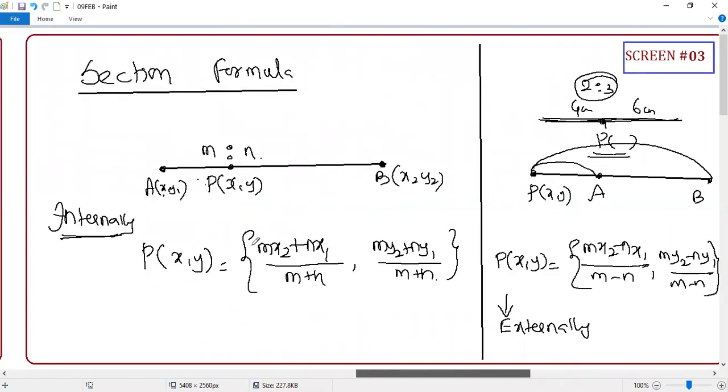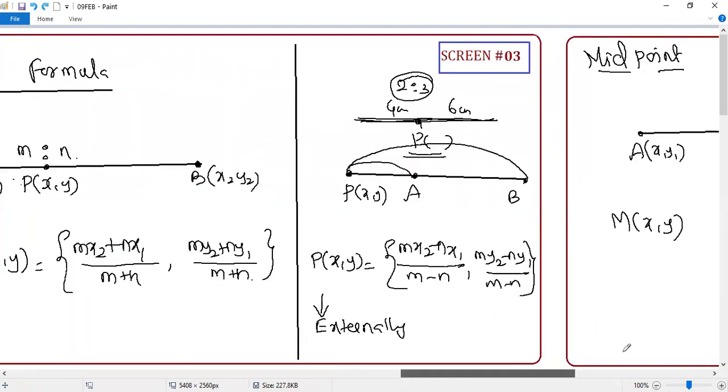So what is the formula for this, students? Anyone can tell me, if you put m equal to 1, n equal to 1, then how will this formula change? Guys, think: m will become 1, so it is x2, and n also will become 1, x1. So x2 plus x1, 1 plus 1 is what? 2. Similarly, y1 plus y2 by 2.